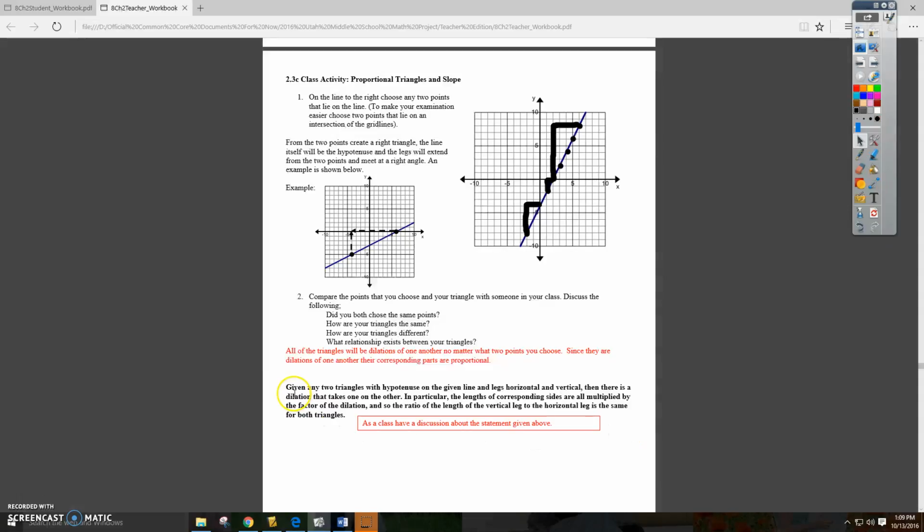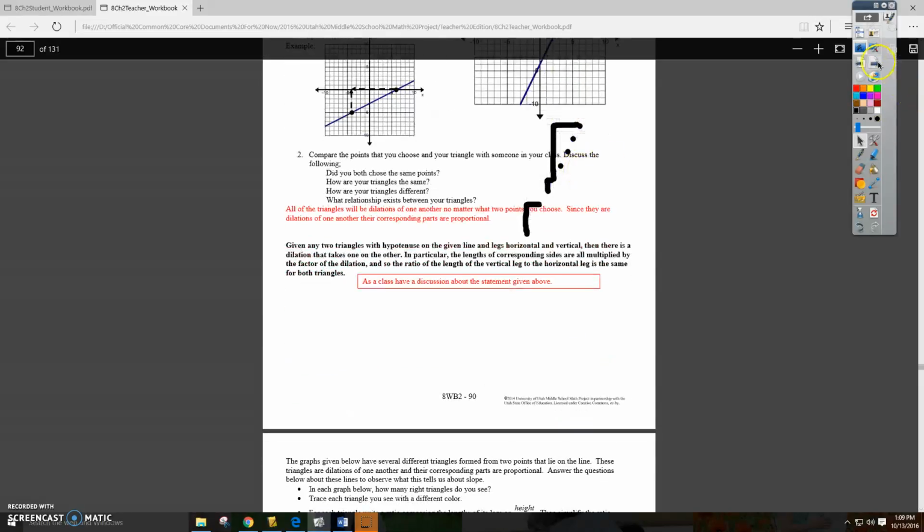Down here in the bold it says, given any 2 triangles where their longest side, this side here on your 2 triangles, is on a given line, and the other 2 sides are vertical and horizontal like this, then there is a dilation from one to the other. That means there's a factor between them. One's going to be bigger than the other. That creates similar triangles, which means that their legs or their sides are going to be proportional.